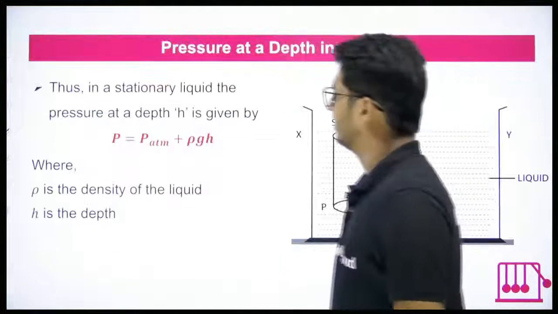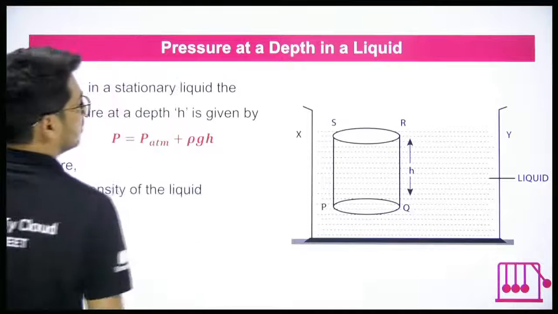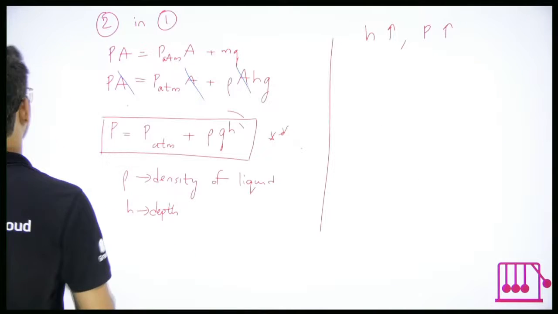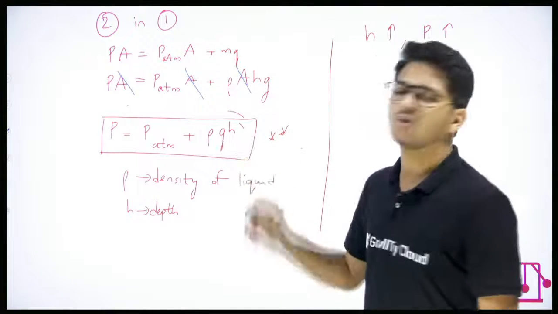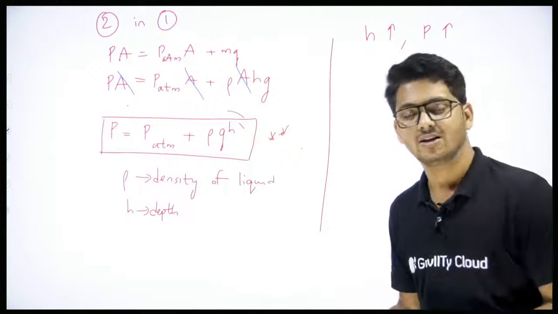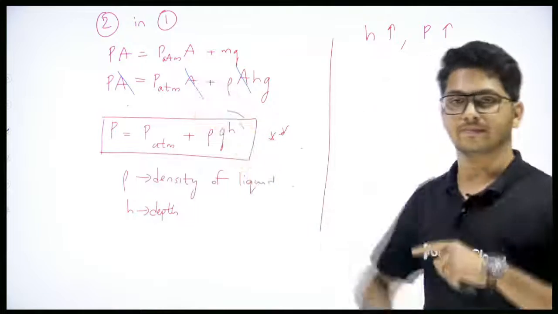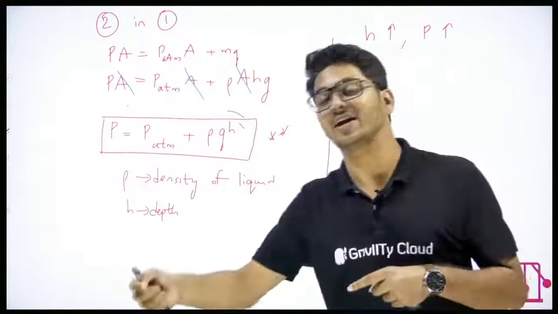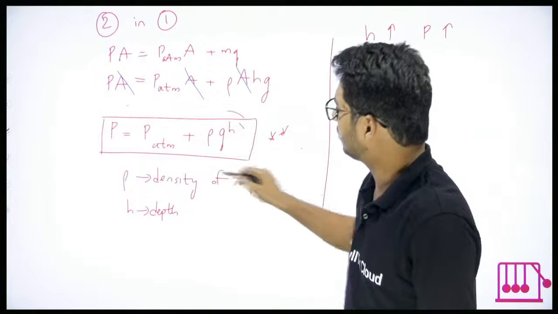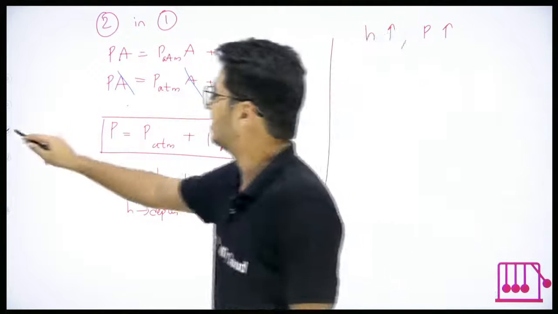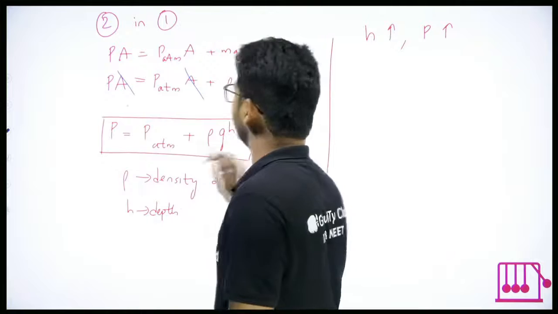Also, there's one more point here. In rho g h you have rho, the density of liquid. So if you use a denser liquid, that is, if density increases, automatically this complete quantity increases. So pressure will also increase.